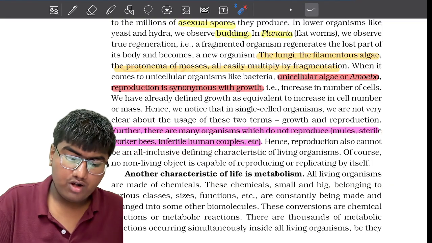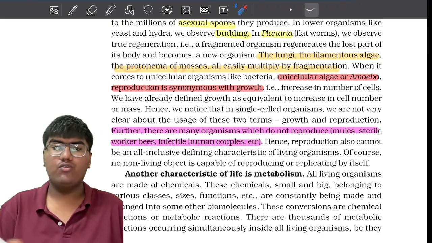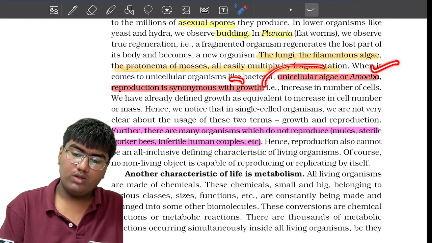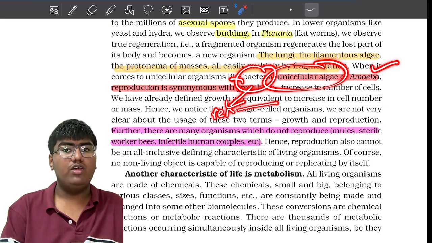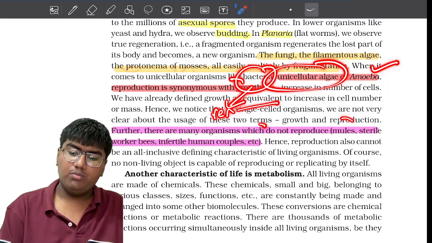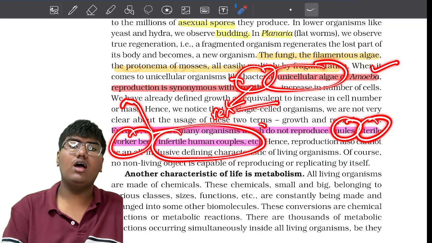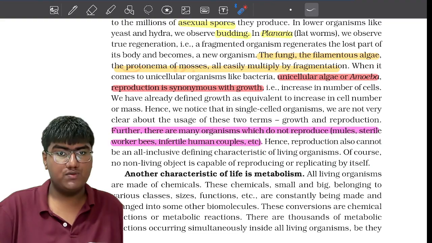Next, reproduction also cannot be an all-inclusive defining characteristic of living organisms. Amoeba, unicellular algae, and bacteria all reproduce or grow, but mules, sterile worker bees, and infertile human couples are all living organisms that are not able to reproduce.